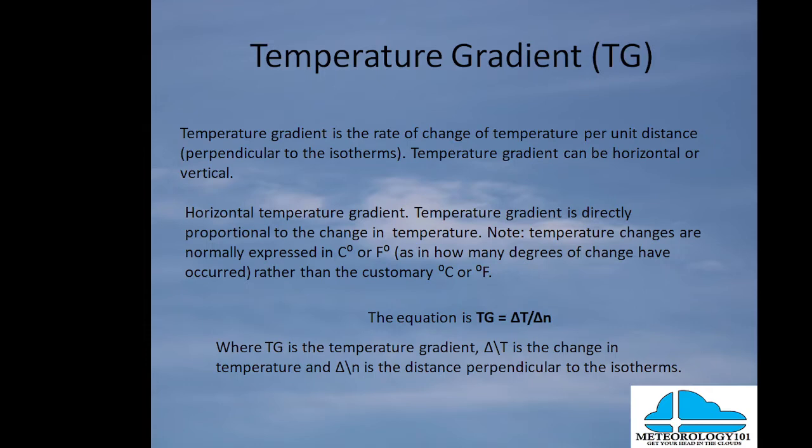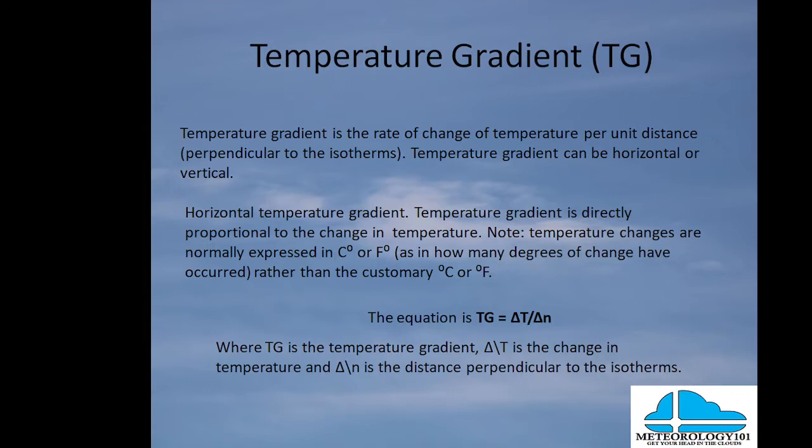So if somebody is talking about Celsius degrees, they're talking about a change in temperature. We had a 4 Celsius degree change in temperature. The temperature went up 4 Celsius degrees. That's a change in temperature.